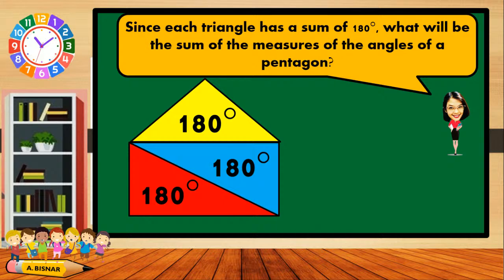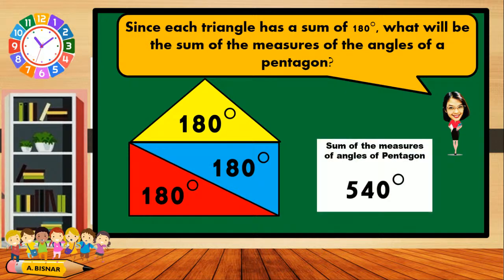So if there are missing angles, you can easily solve for it because you already know the total measurement of all the angles. Okay, so that is 540. Who is Canseco? Hello. Hello. So the sum of the measures of angles of a pentagon is 540 degrees.